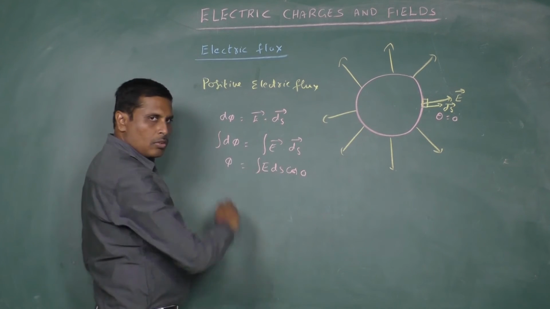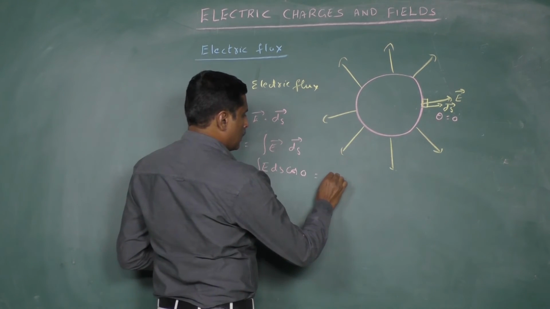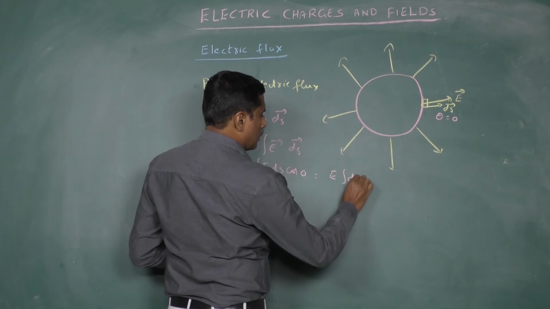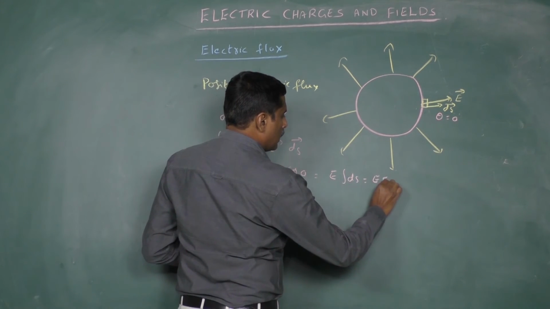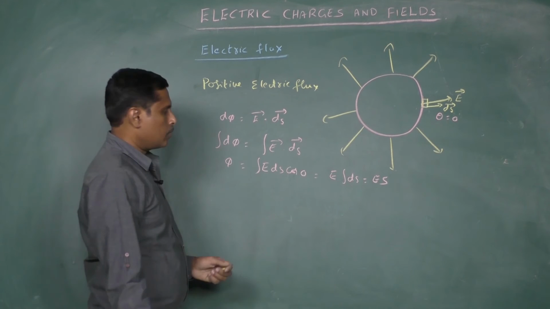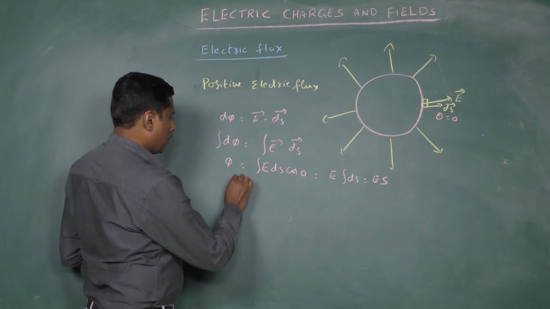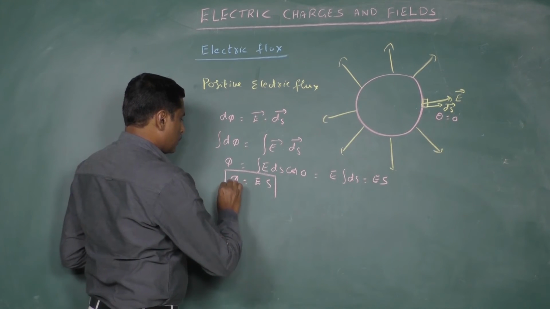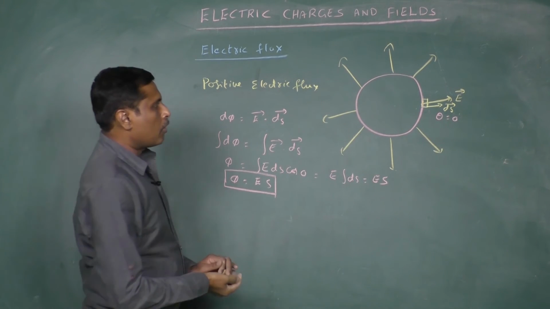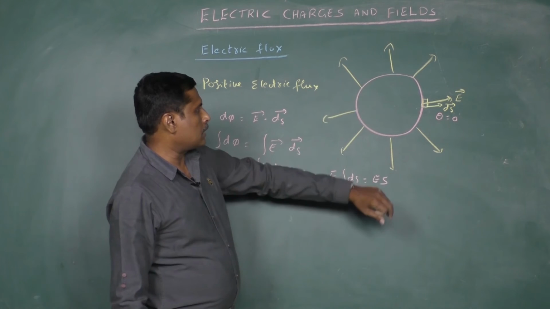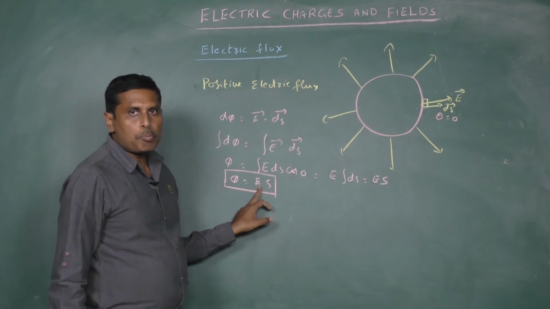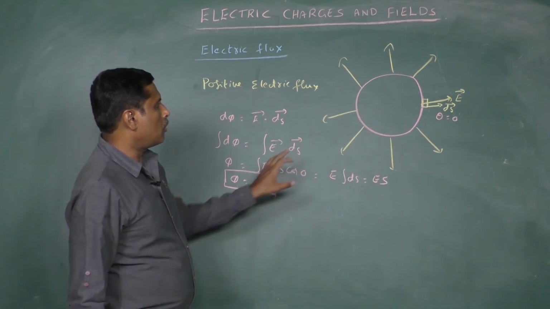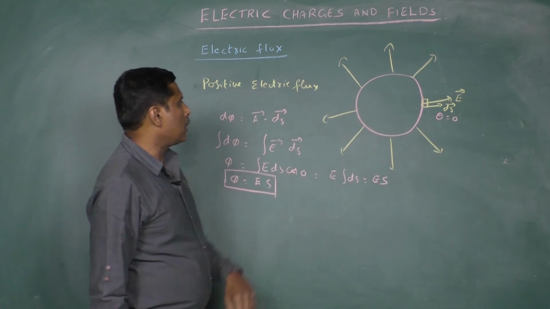As cos 0 is equal to 1, you can write E into integral ds, that is equal to E into S. So here we can write phi is equal to E into S. So the outward flux is taken as positive.